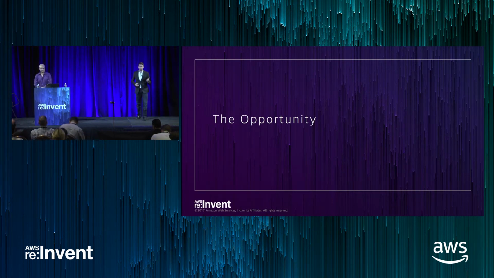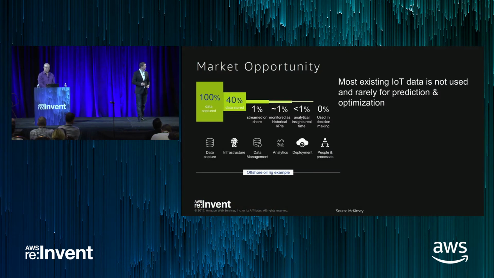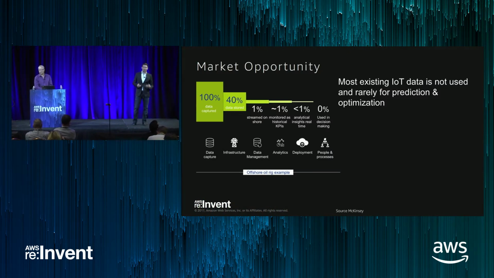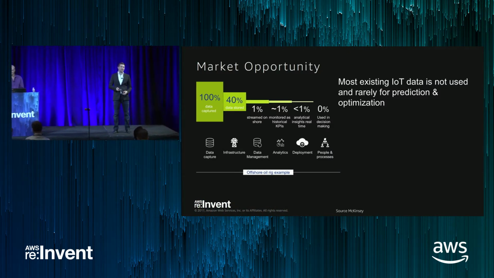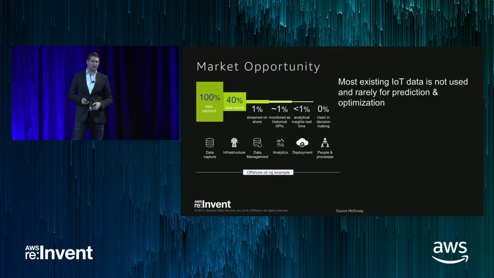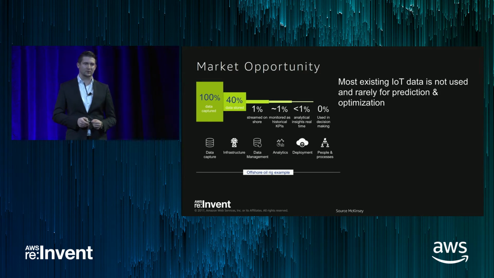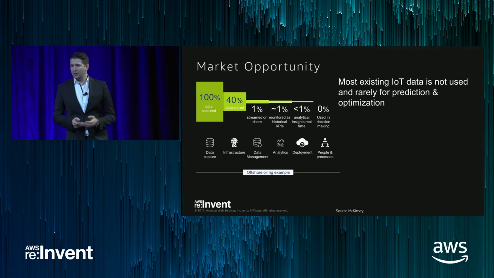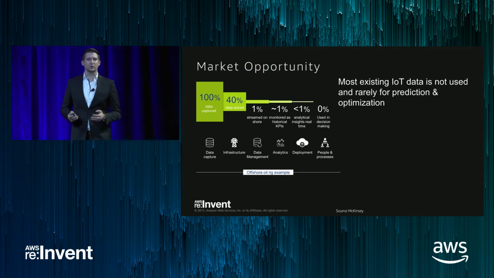So now that we know why we do edge computing, what the benefits are, the question is what is the addressable market, and we have some figures with you. Let me start with a concrete example of an oil rig. An oil rig typically, on average, generates 500 gigabytes of data per week, but only 1% is transferred to the land for further analytics. The funny thing with analytics is you don't know what you don't know.